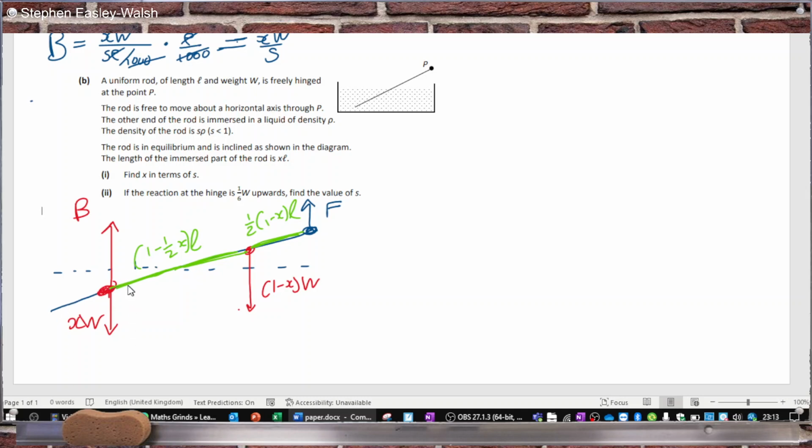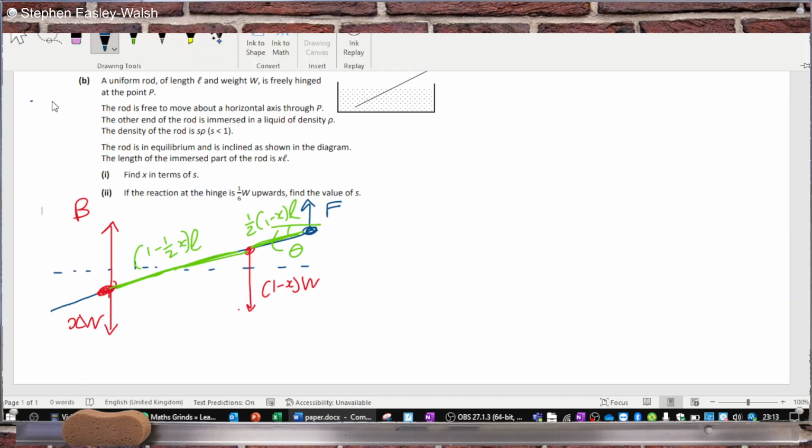And if you want to say that this angle here is theta, or maybe actually we'll say that angle there is theta.